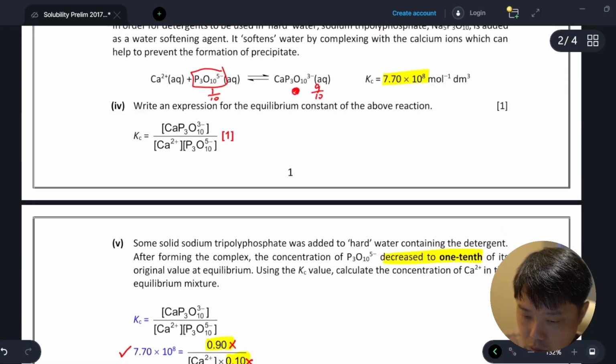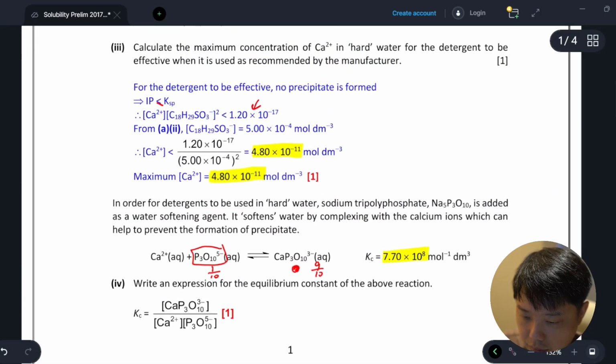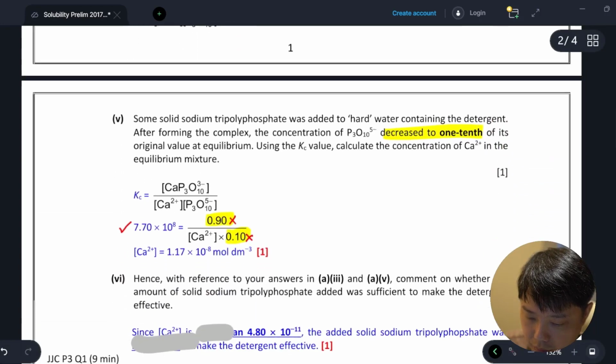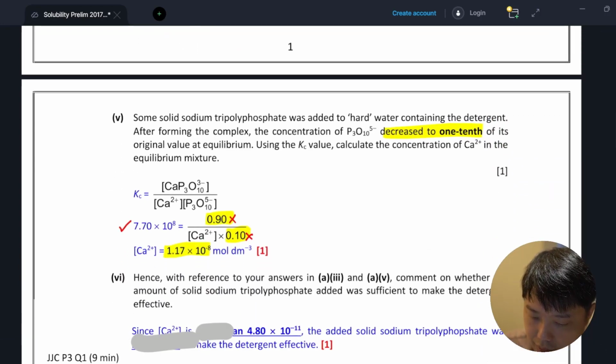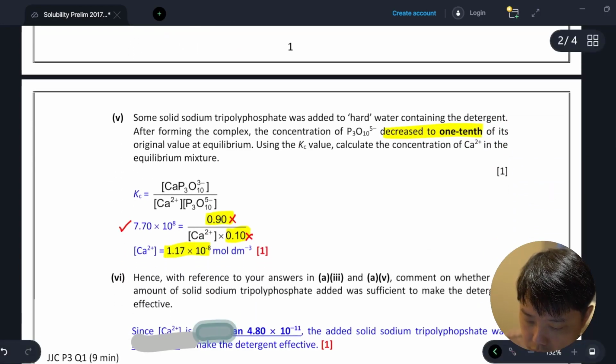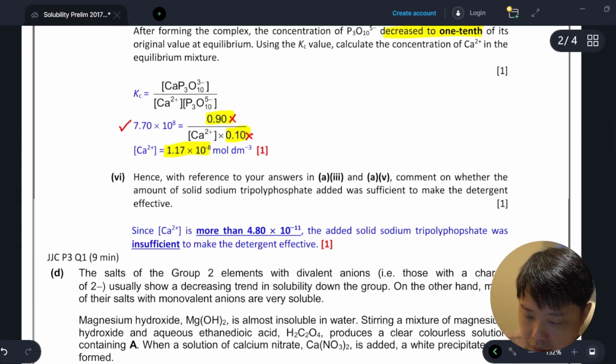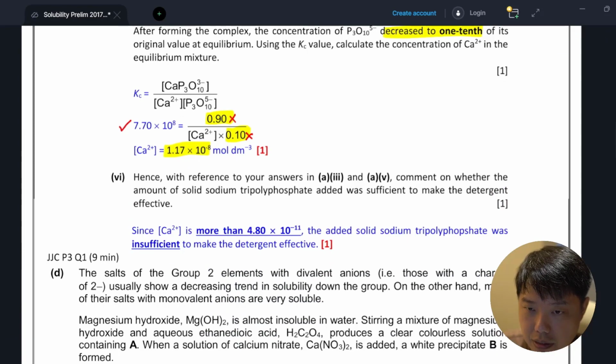So is our amount here lesser than 4.8 times 10 to the power minus 11? Looks like it's not. Since it is still more than it, we will still get a precipitate and the detergent is still ineffective.